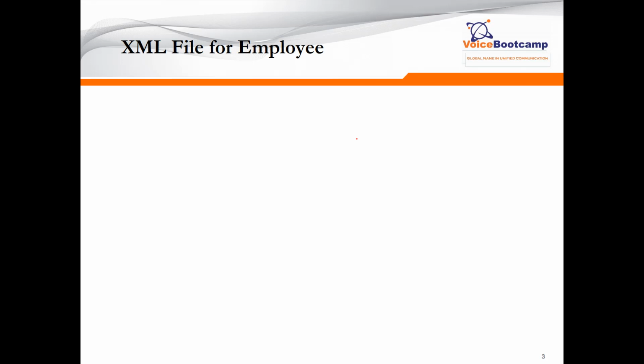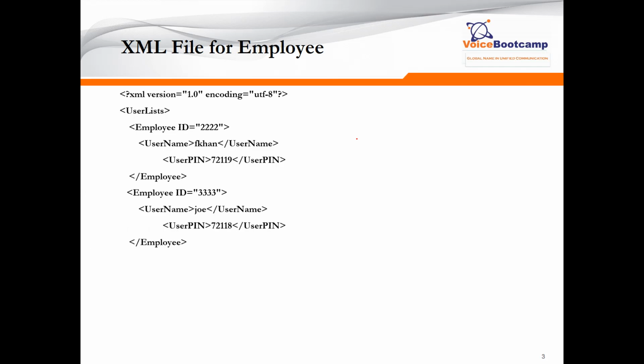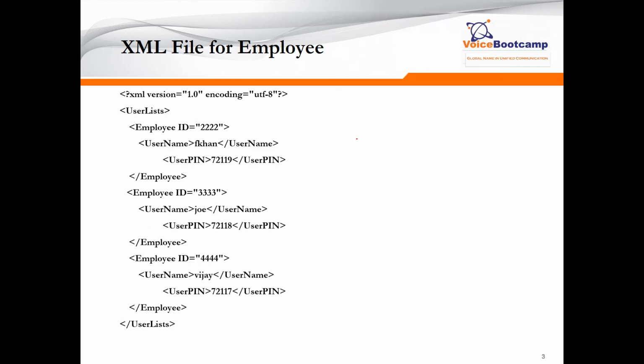In order to host that information, I'm going to create an XML file that looks like this. An XML file is a standard file with the following tag: user list. Underneath that, you've got the employee ID 222. These are the 4-digit code IDs that we will extract from the user and then match against this field.